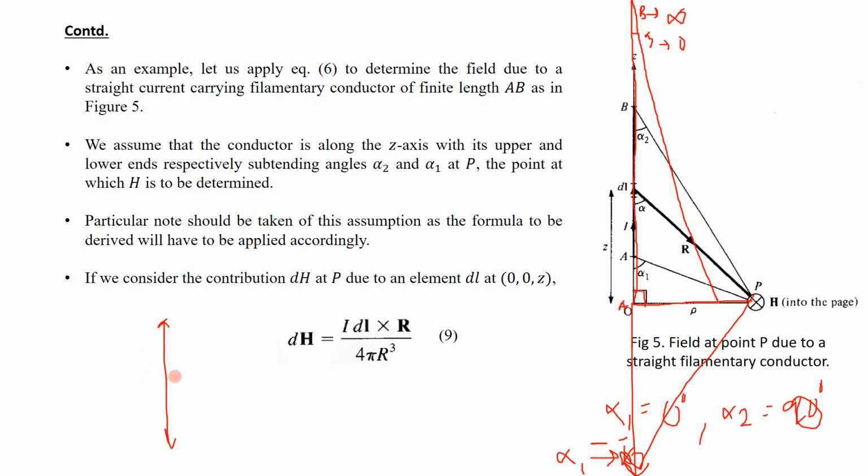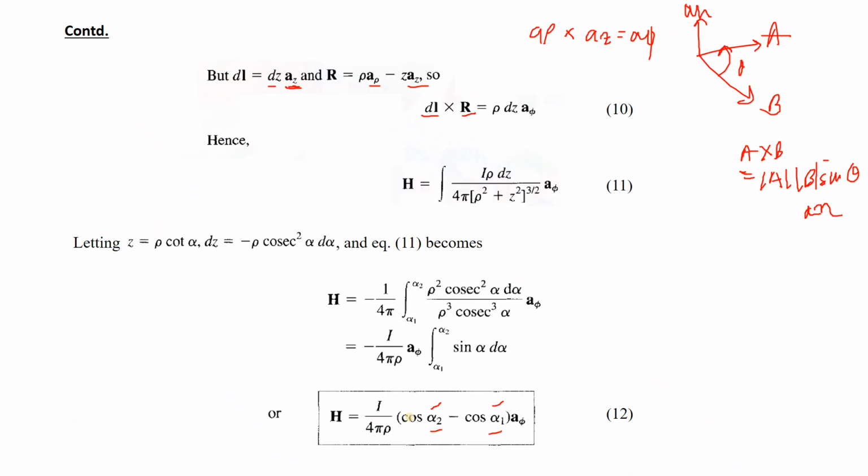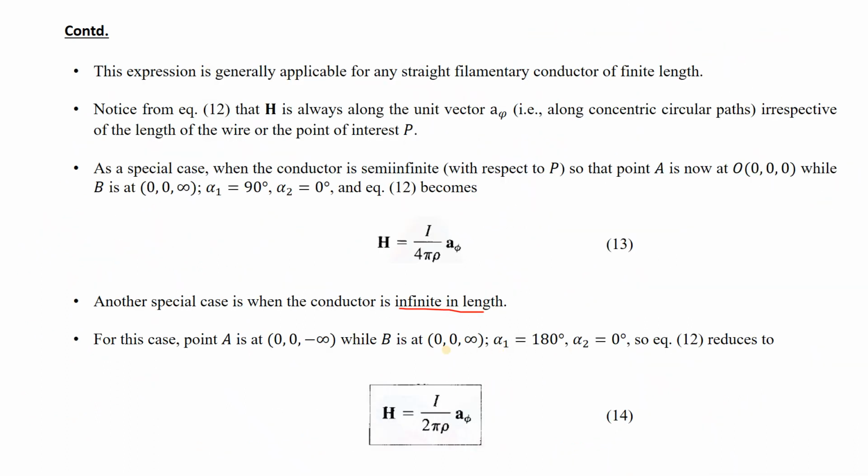Because you cannot represent both as zeros, because if the line is infinite and we have a point very close, so if this is almost 0 degree, this will be almost 180 degree, of the two directions.